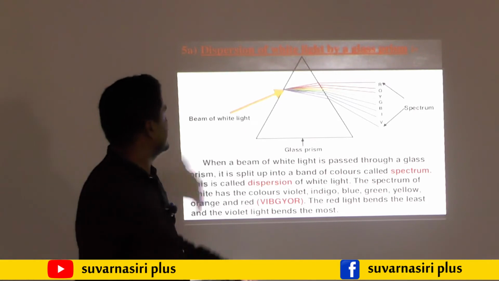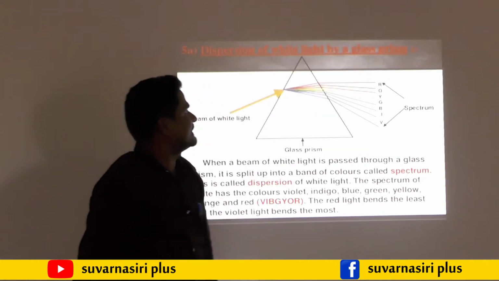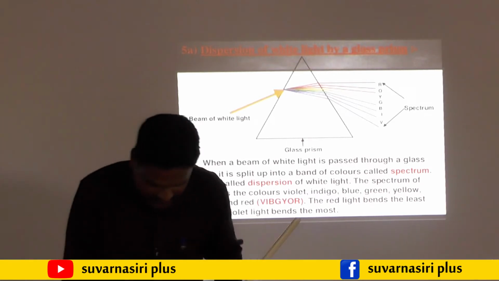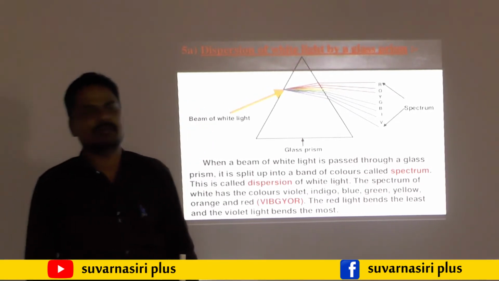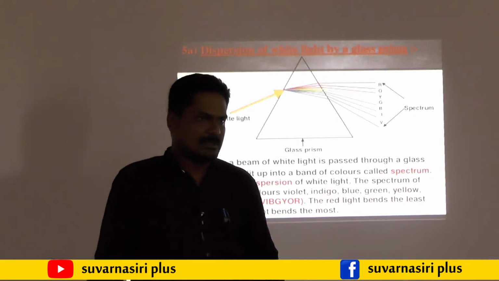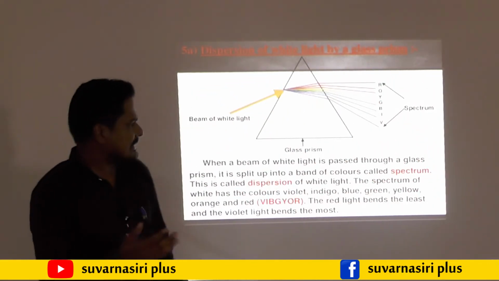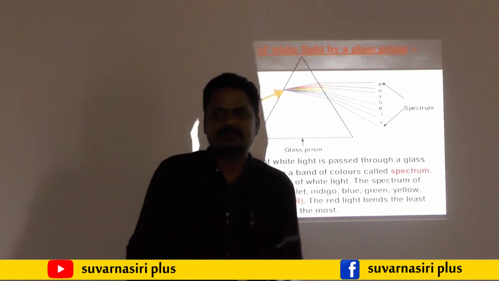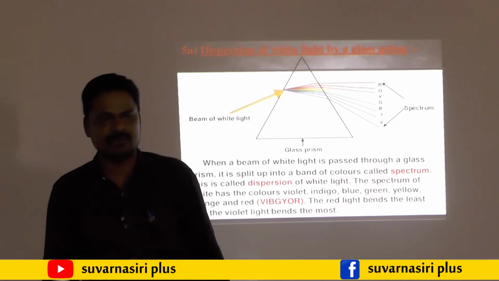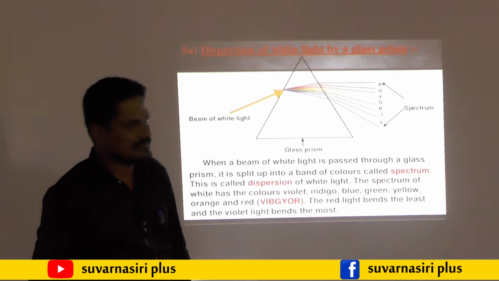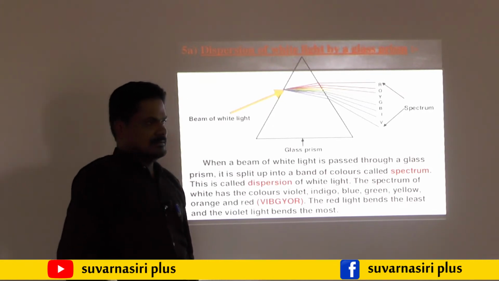Now, students, dispersion of white light by the glass prism. We should remember a famous scientist, Sir Isaac Newton. He said that white light is a mixture of 7 colors.